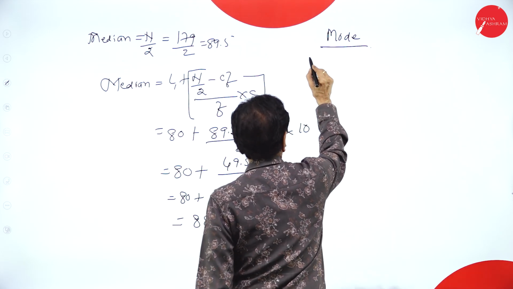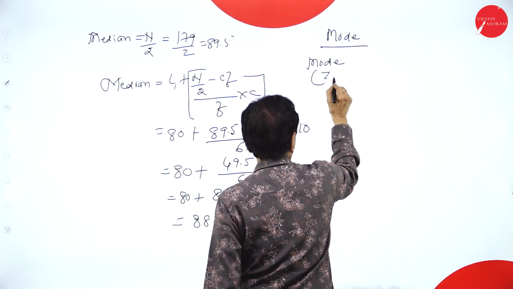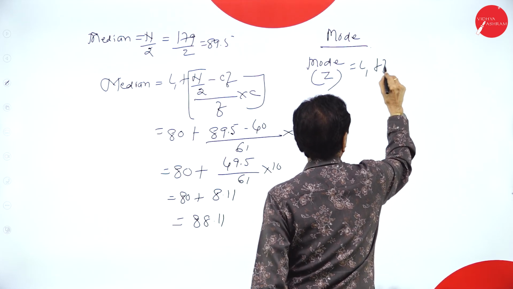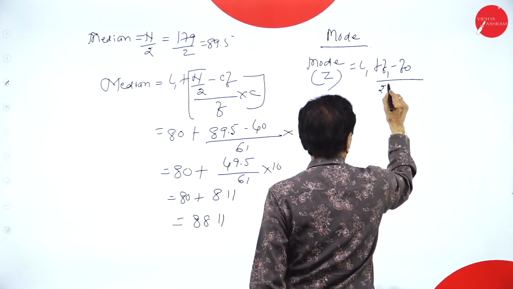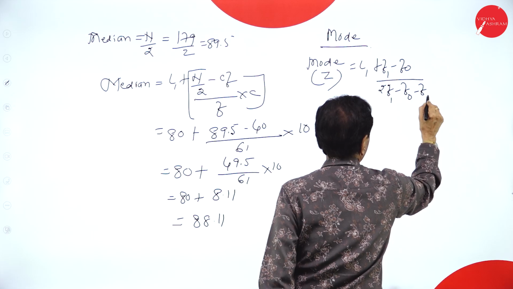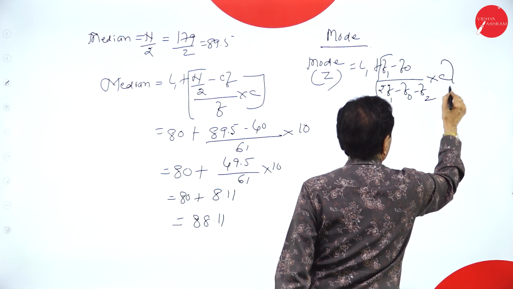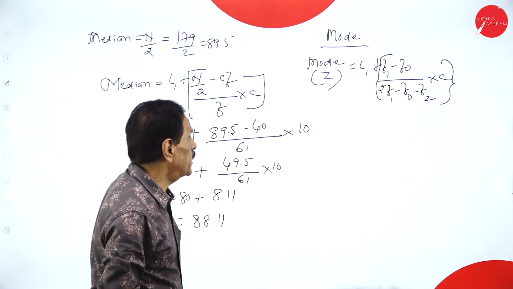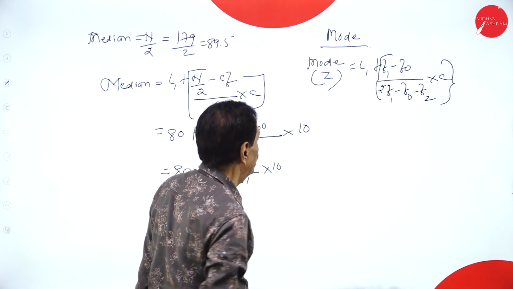Mode is represented by the letter Z. Mode is equal to L1 plus F1 minus F0 divided by 2F1 minus F0 minus F2 into C.